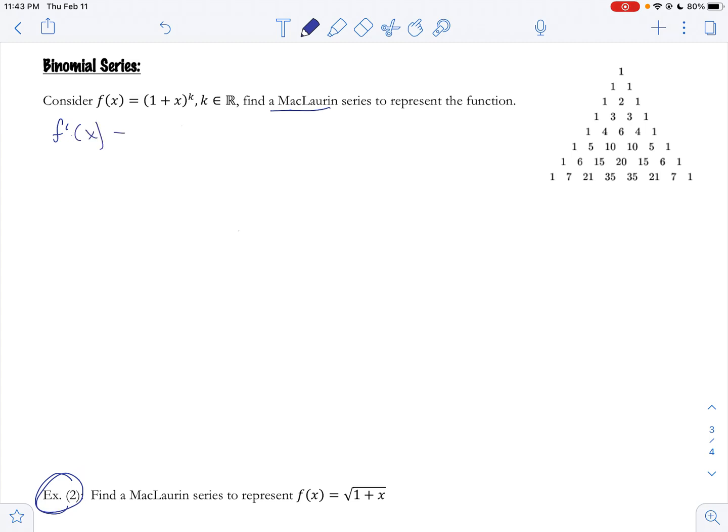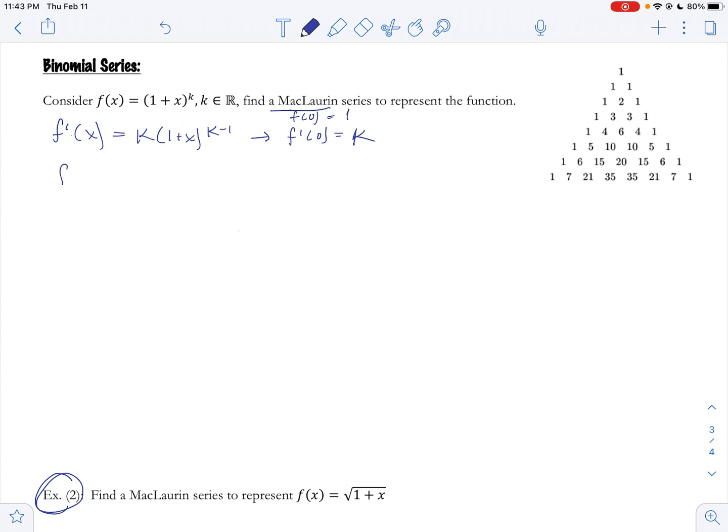So f prime of x is going to be k times 1 plus x to the k minus 1. And then remember that k is a real number. So this is Maclaurin, right? So we also need to find f prime of 0, which is just going to be k. And f of 0, by the way, is 1.